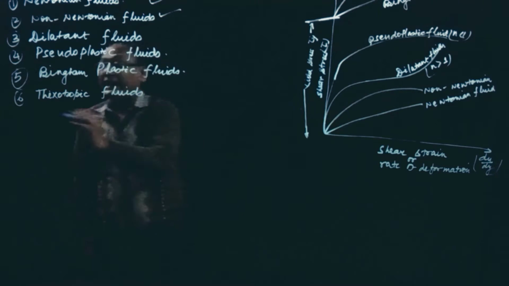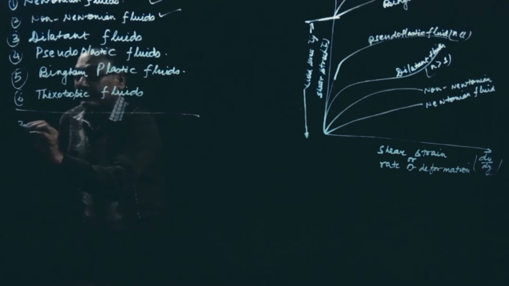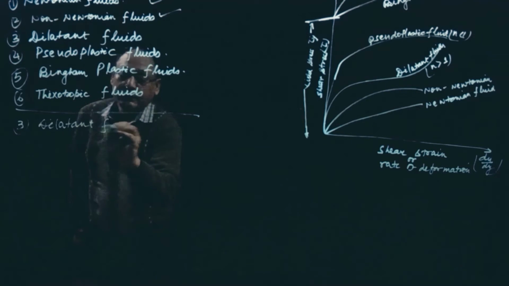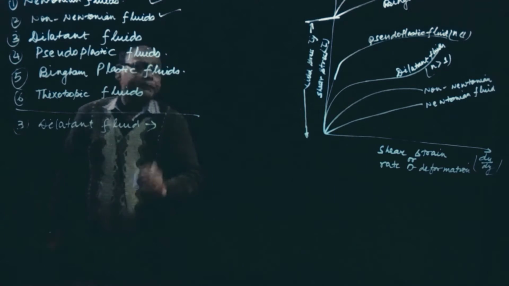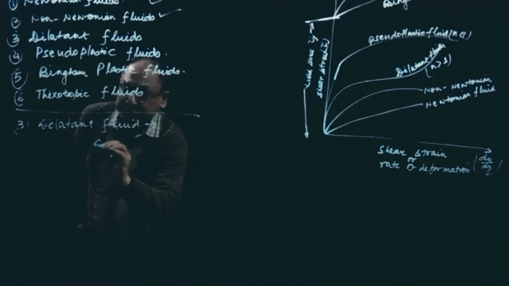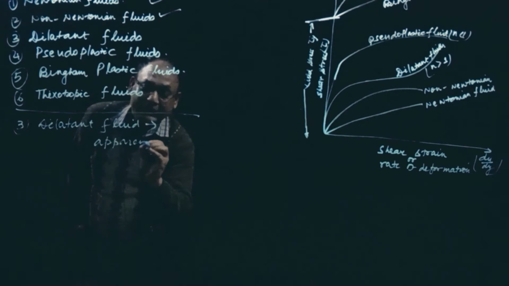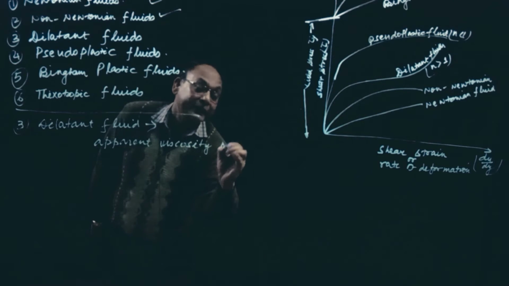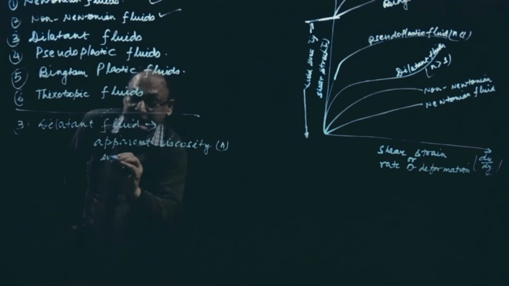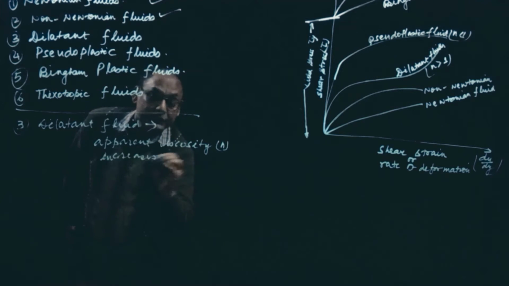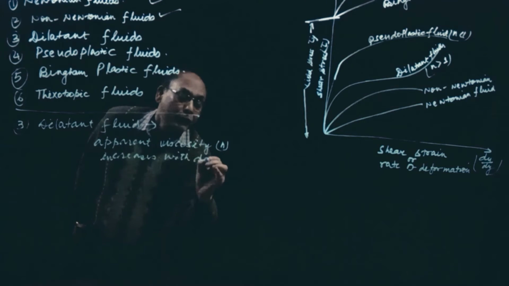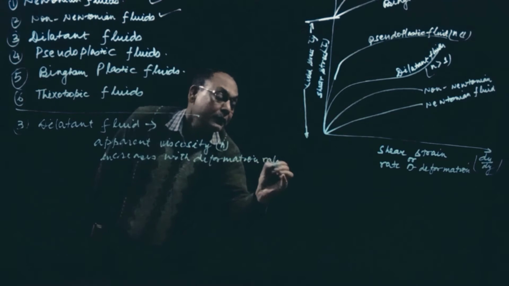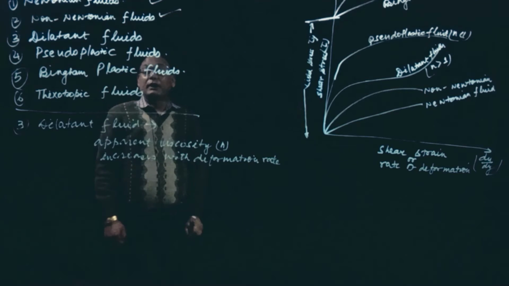Now coming to dilatant, number three is dilatant fluids. That type of fluid in which apparent viscosity, that is called n, increases with deformation rate is called dilatant fluid.